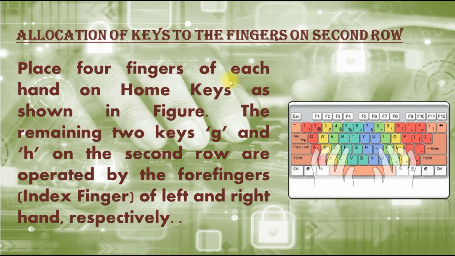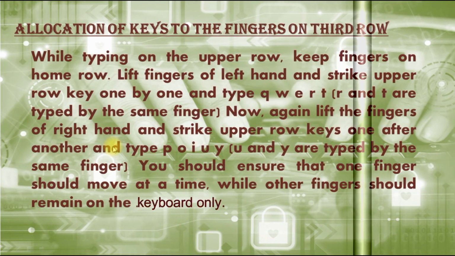Then place 4 fingers of each hand on home keys. आपकी 4 fingers home keys पर होनी चाहिए जैसे फिगर में दिखाई हुई है. The remaining 2 keys G and H, ठीक है, G and H on the second row are operated by the 4 fingers. चौथे फिंगर से आपने इसे ऑपरेट करना है of left and right hand respectively.